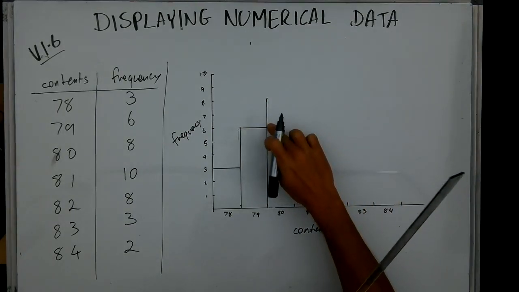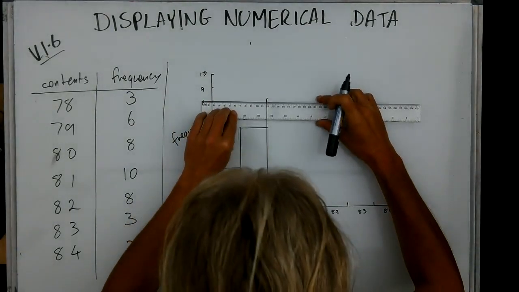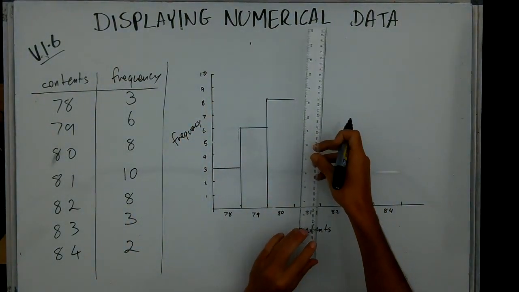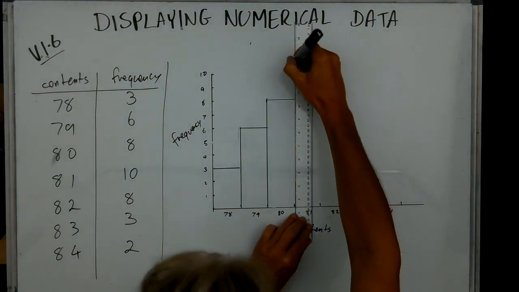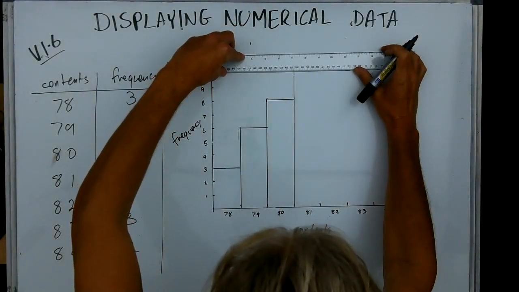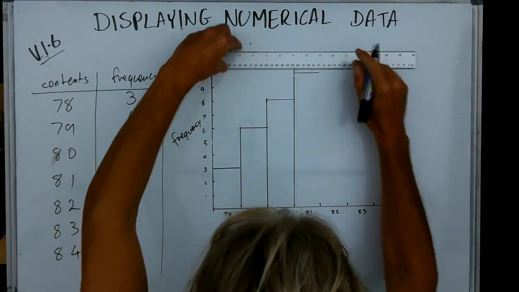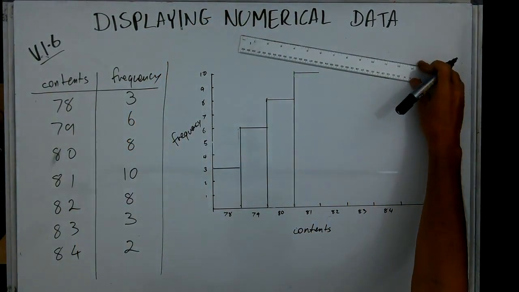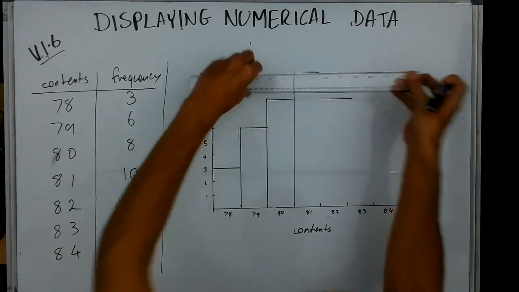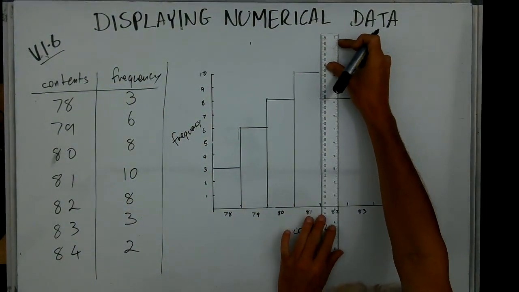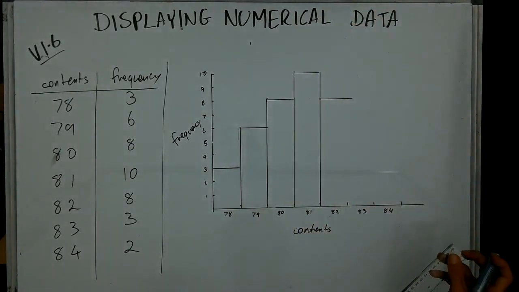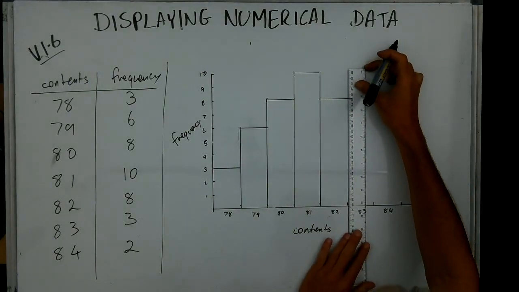And put a horizontal line at the top. The next one goes up to 10. So this is 81, the biggest one. And then we come down to 8 again. The next one, I'll draw that whole line in.